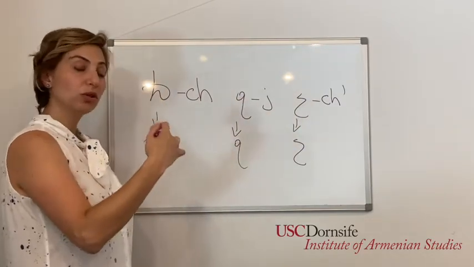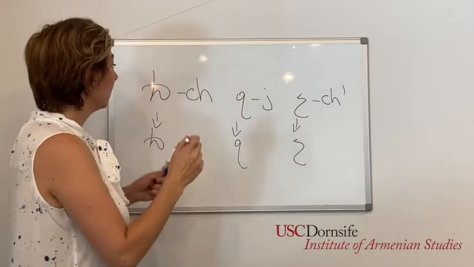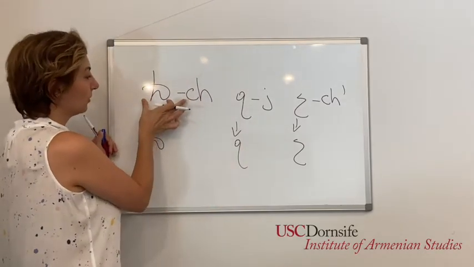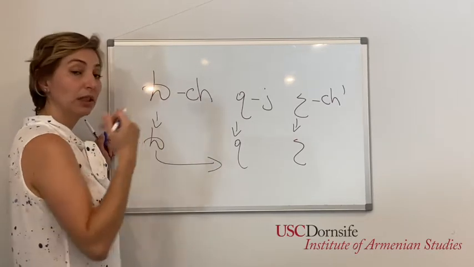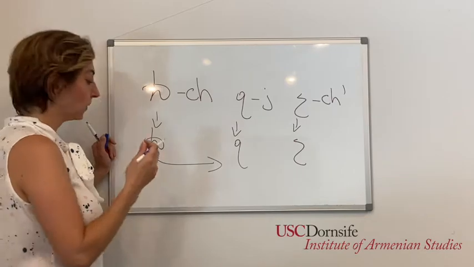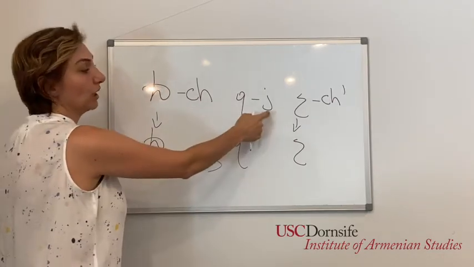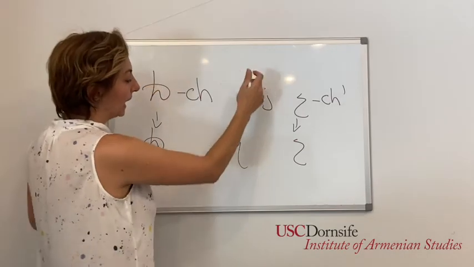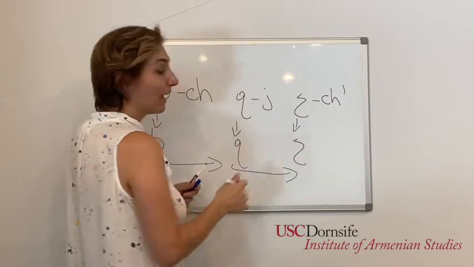In modern Western Armenian, like with all of the other triads we've discussed, what happens is that the voiceless version is pronounced voiced. So if an Eastern Armenian speaker like myself would say Jutik, a Western Armenian speaker would say Jutik, kind of channeling this J sound. And then the voiced version in Western Armenian is pronounced as aspirated.